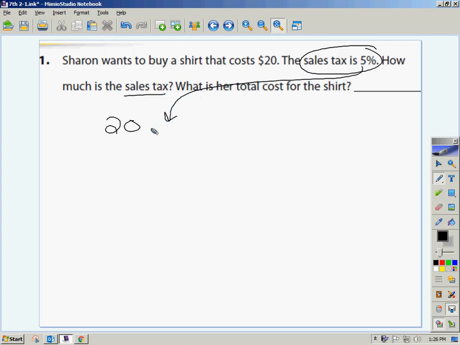I'm going to multiply it by what? 5%, or as a decimal, 0.05. So go ahead and take 20 times 0.05.